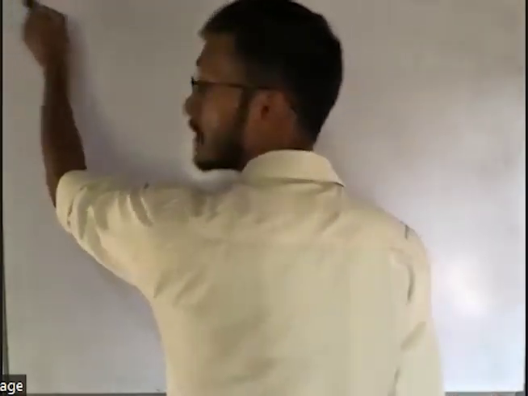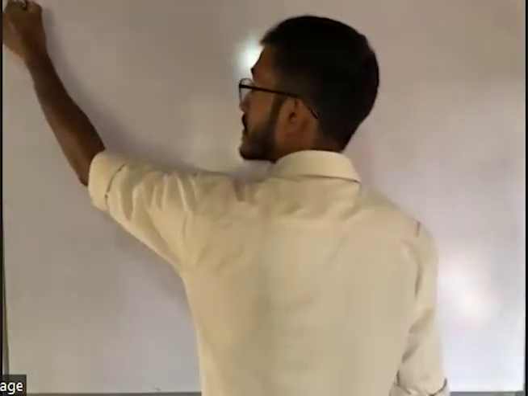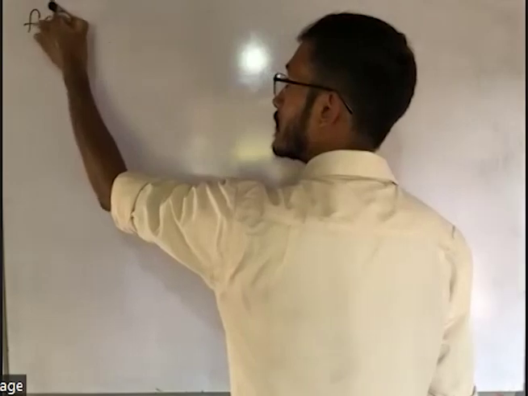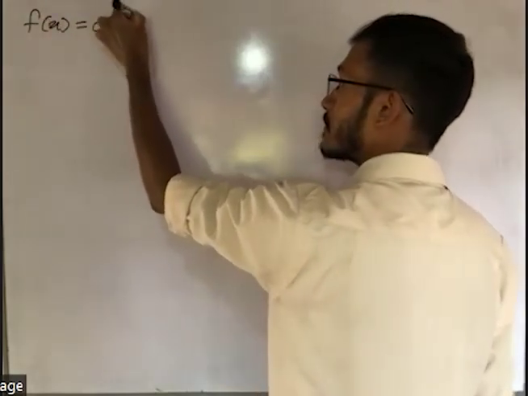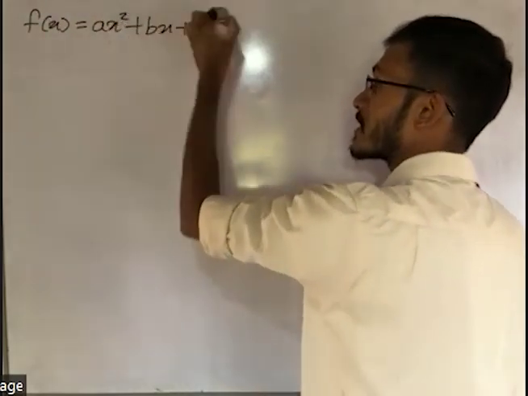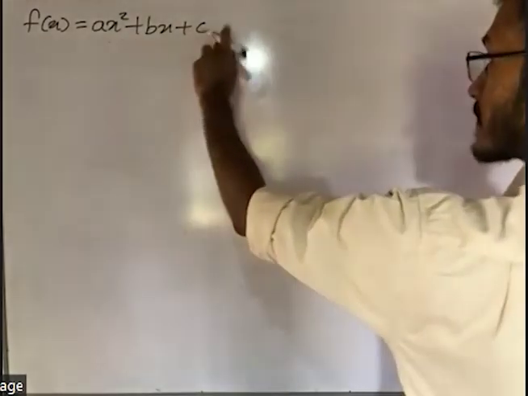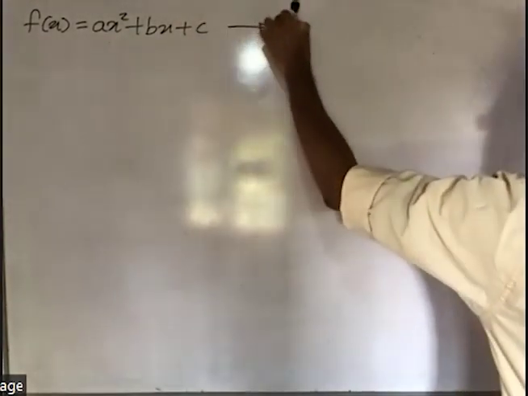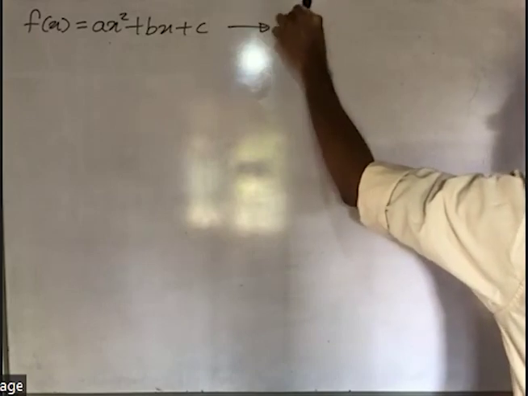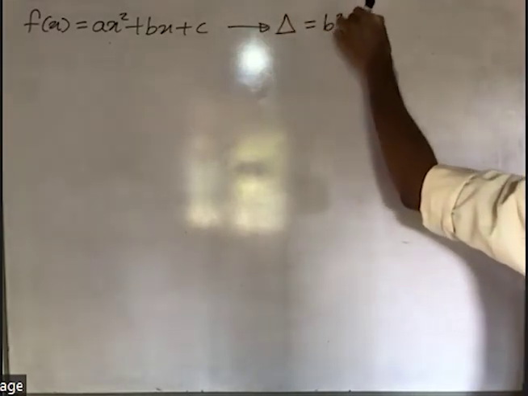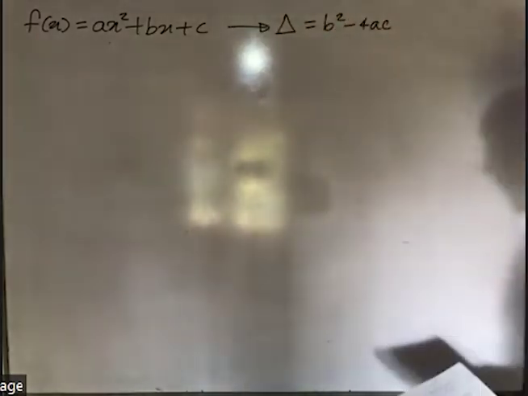Here I am going to consider f(x) equal to ax square plus bx plus c. So this is a small theory part. After that, we are going to do the questions, right? So first, consider this function f(x) equal to ax square plus bx plus c. So here, delta means the determinant, equal to b square minus 4ac, right?